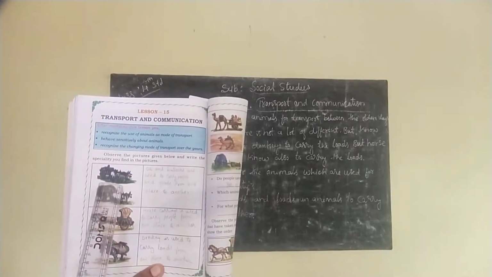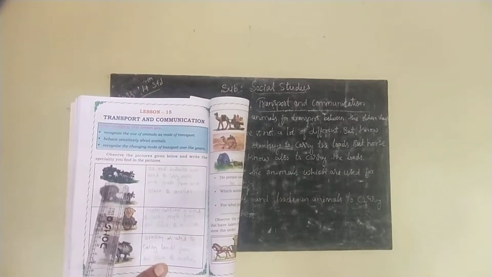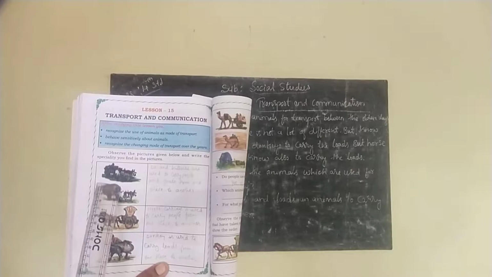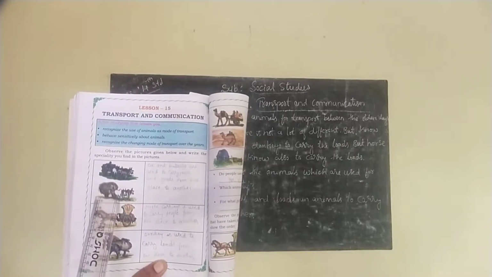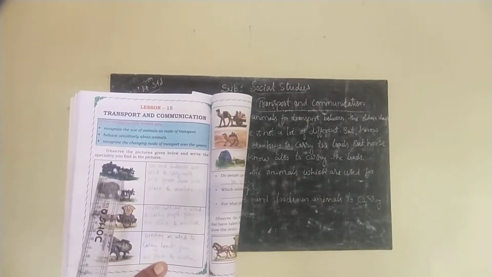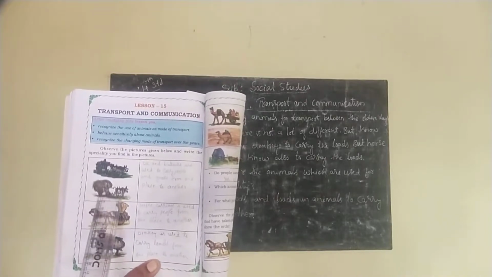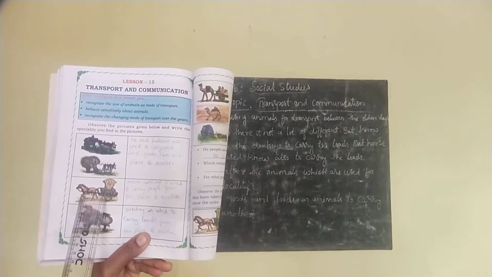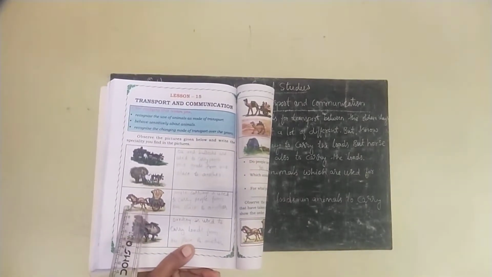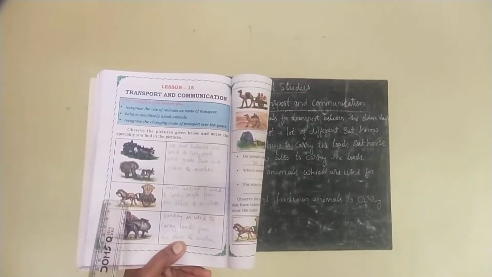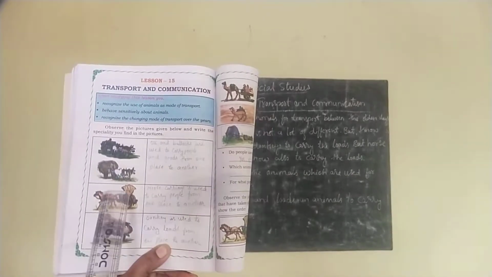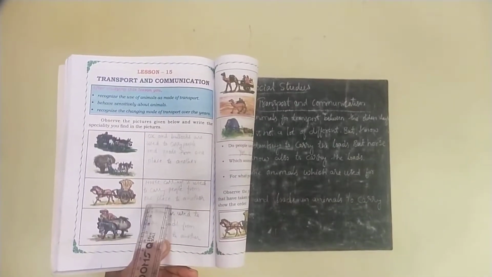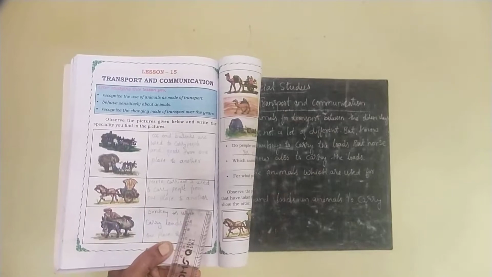See here, ox and bullock carry people and goods from one place to another place. Okay, observe the pictures and write here. Observe this picture. Horse carriage is used to carry people from one place to another.